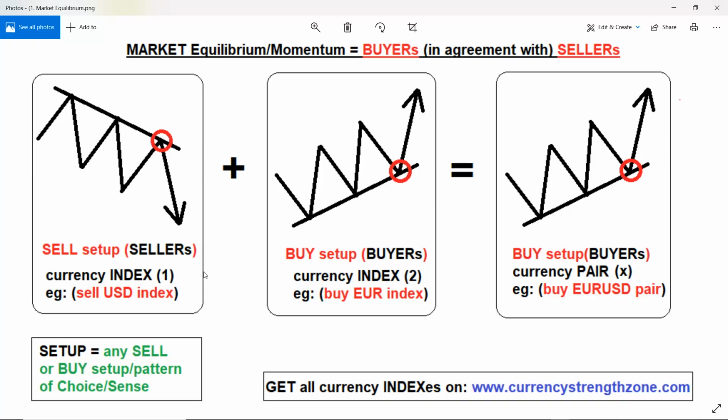and we can verify whether one currency is willing to sell or willing to buy by various setups or patterns we can identify on the chart.